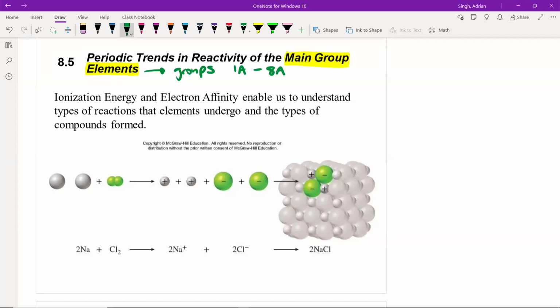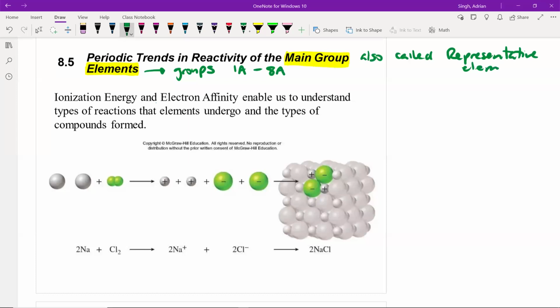It was the same main group elements or representative elements that we were looking at. All right, so main group elements are also called representative elements. That's another term.